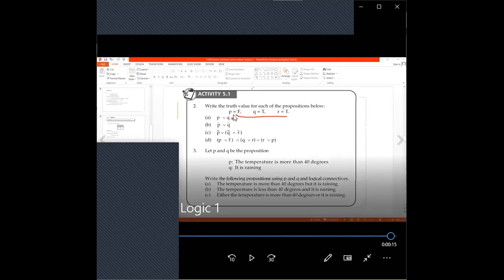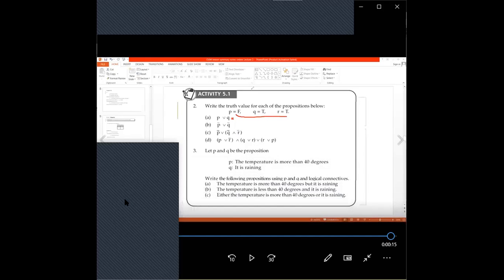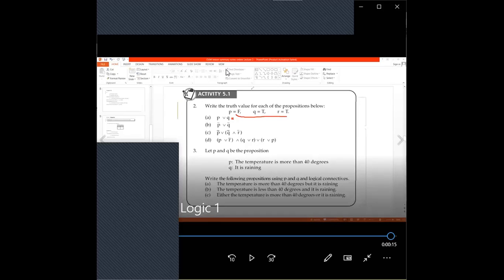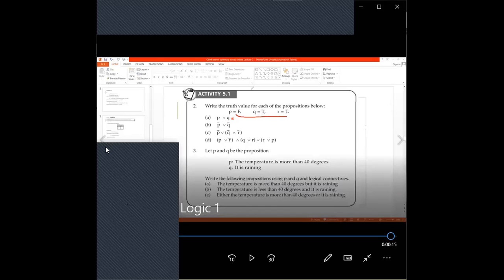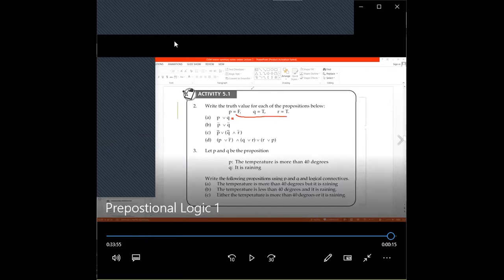So what did we get for 2A? Question 2A, what are we getting? Kobe. I think I heard true from Kobe.